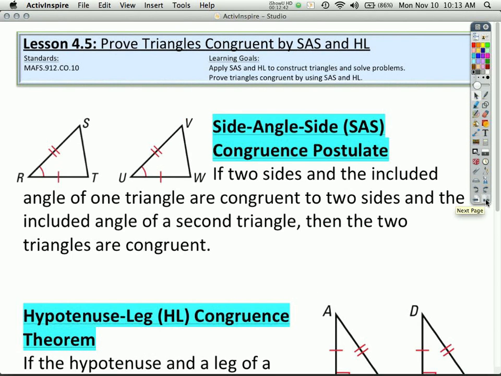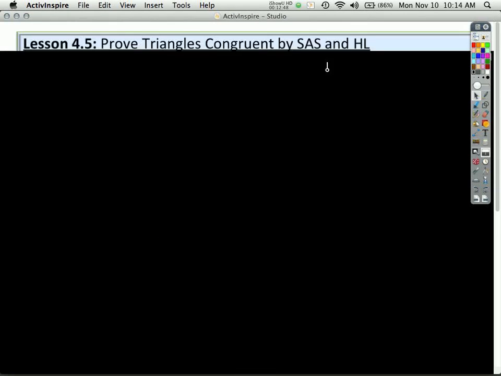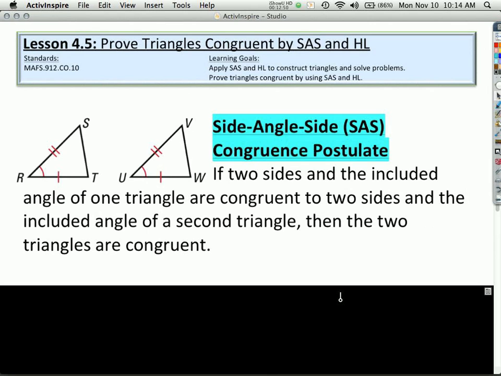So, you have this on your cheat sheet, which should be out already. But the side angle side congruence postulate functions very similarly to side side side. If you want to prove 2 triangles congruent, you can say that if 2 sides are congruent to each other, and then another 2 sides are congruent to each other, and then the inclusive angle is congruent to each other, then you may use side angle side to prove them congruent.